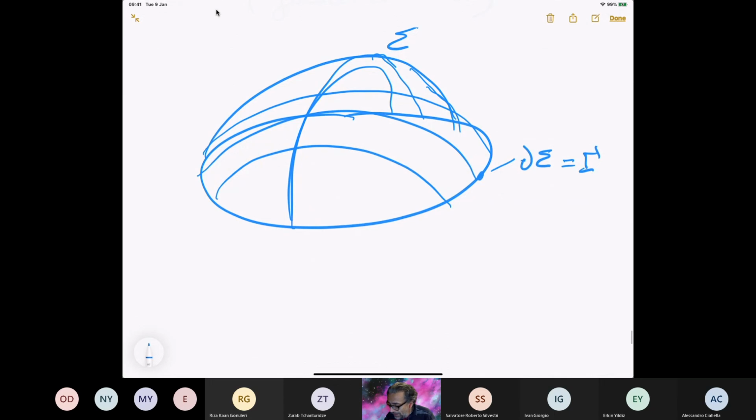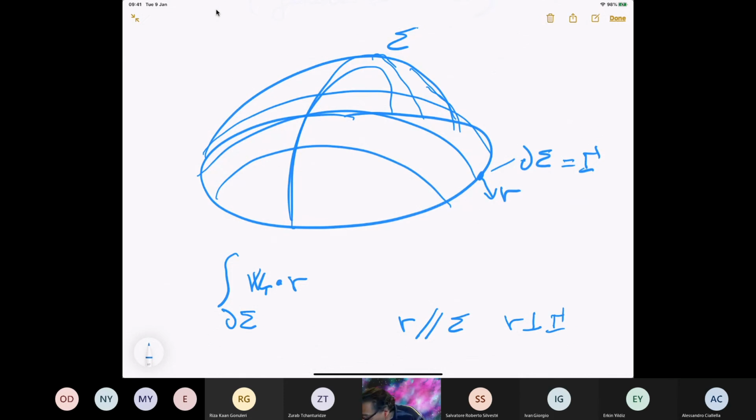And you have the integral over the boundary of sigma of a vector, a tangent vector Wt, tangent to the surface, dot the outer normal nu. Nu is parallel to sigma, and nu is orthogonal to gamma.